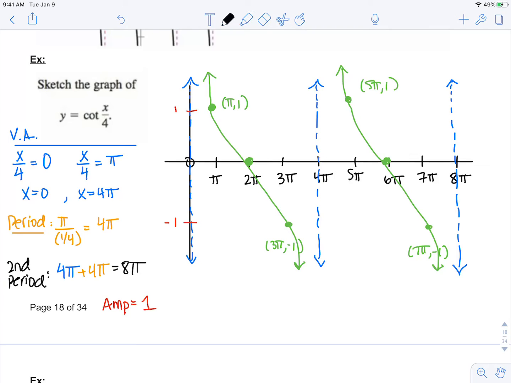For our domain, in this example, x cannot equal the very first asymptote plus multiples of the period, because every 4 pi it hits a new vertical asymptote, and our range is negative infinity to infinity.